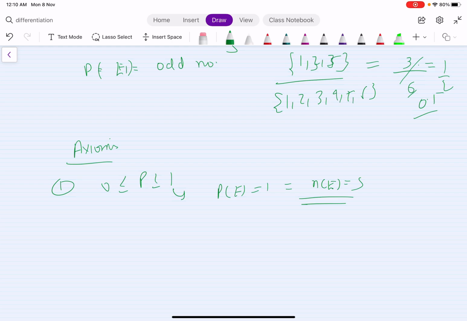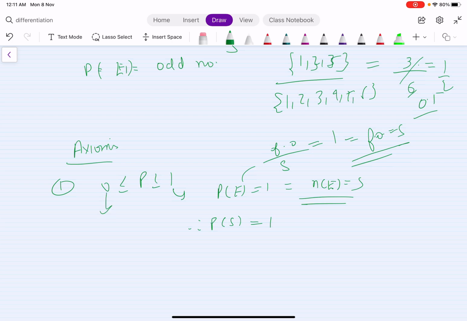So that's basically my probability of sample space. So this concludes probability of sample space is 1. P is 1 only if the favorable outcomes is equal to the sample space. So if the number of outcomes is equal to the sample space, I will get the probability as 1.